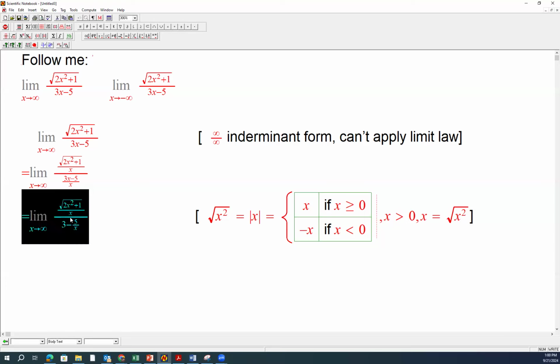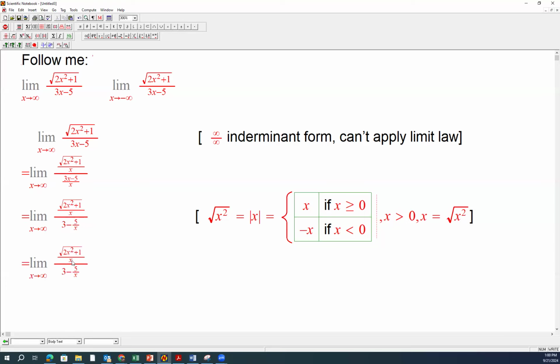Now, continuing, we're going to substitute x by the square root of x squared, because in our situation x is equal to the square root of x squared. Under the circumstances, we have a square root over another square root, and we can put them under the same square root sign, like that.